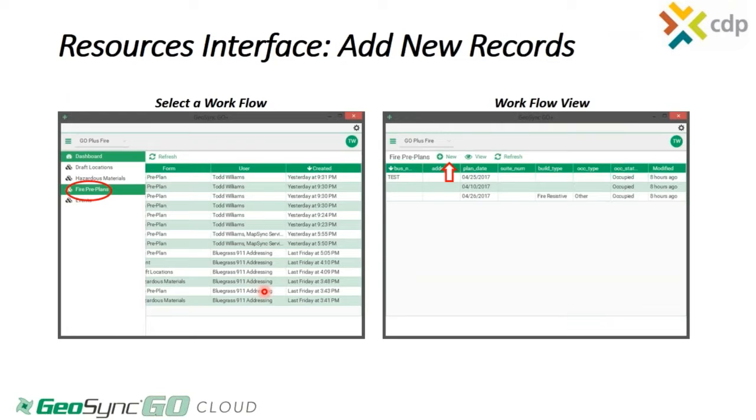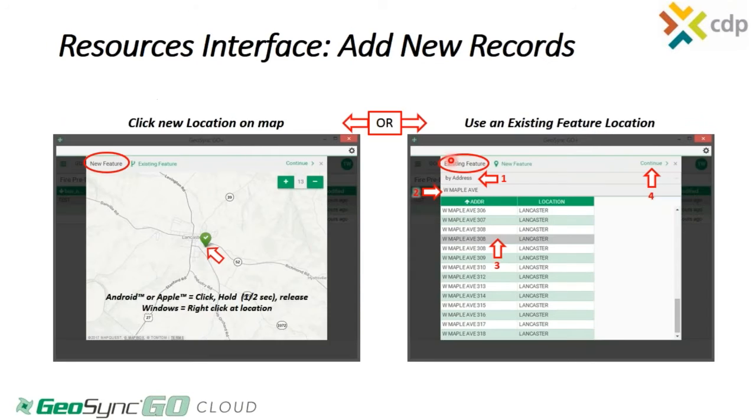So you can also add records in the resource view. If I have a pre-plan that I want to add, I can go to my pre-plans workflow and click New. You have two options for selecting the location for that new feature.